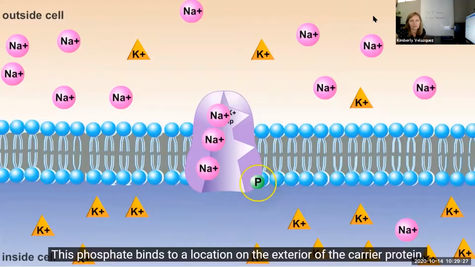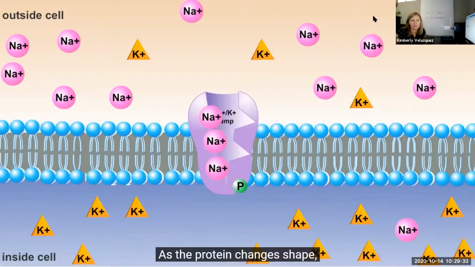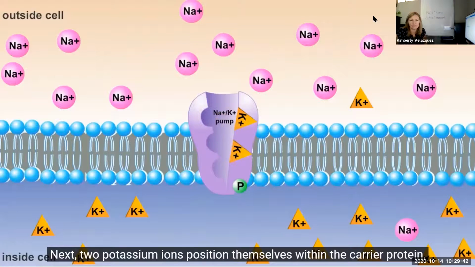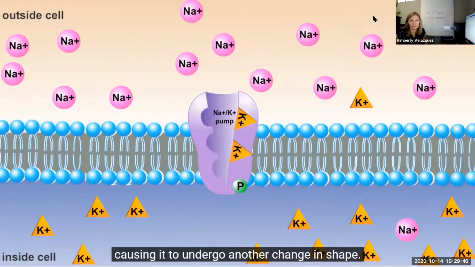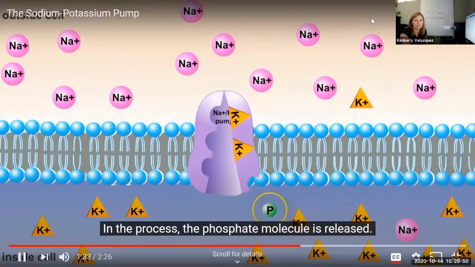This phosphate binds to a location on the exterior of the carrier protein, causing the protein to change shape. As the protein changes shape, the 3 sodium ions are released to the other side of the membrane. Next, 2 potassium ions position themselves within the carrier protein, causing it to undergo another change in shape. In the process, the phosphate molecule is released.